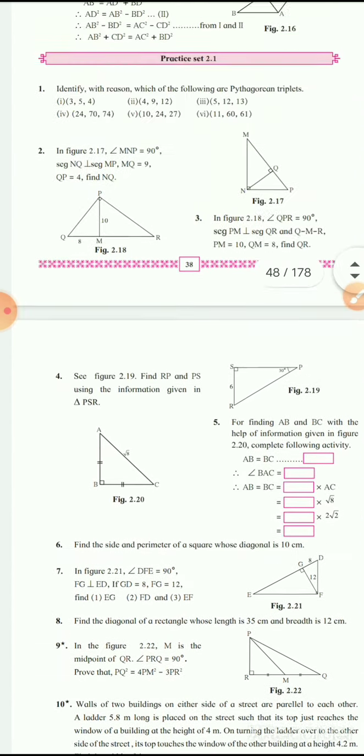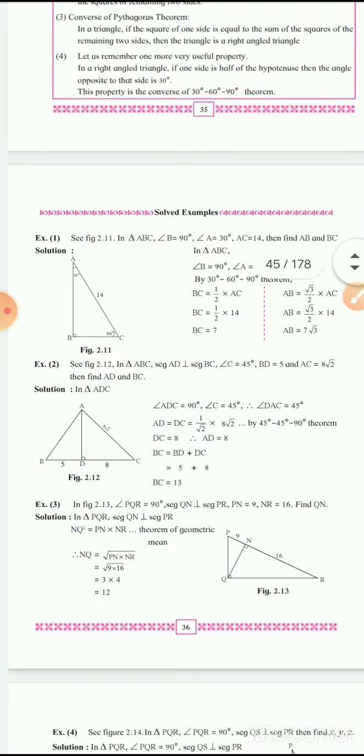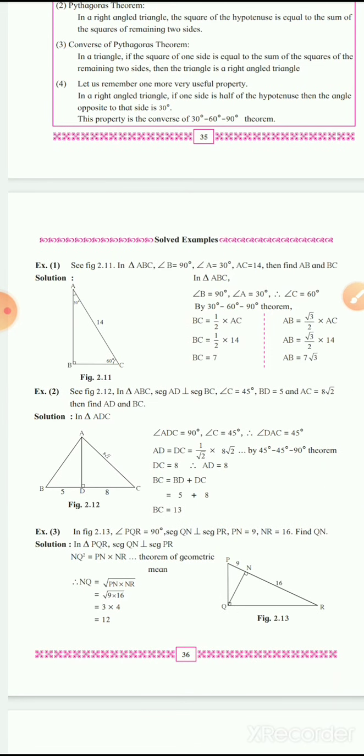Okay, so in this way today we have learned about similarity and right angled triangle theorem, then theorem of geometric mean, then Pythagoras theorem, then its converse. Then also we have also learned properties of 30-degree, 60-degree, 90-degree triangle, and also property of 45 degree.